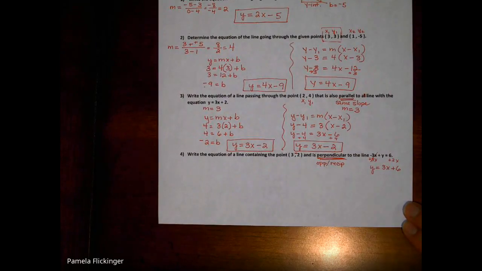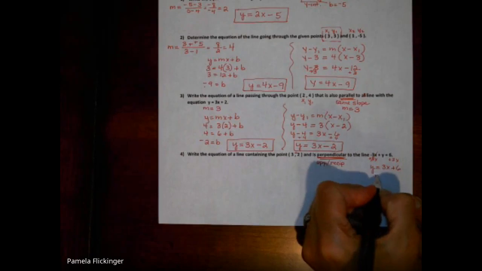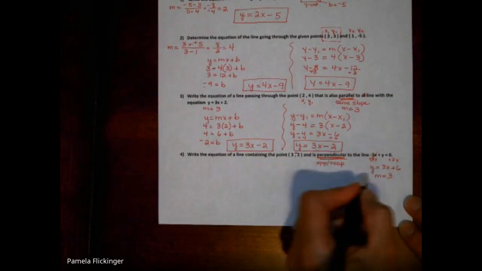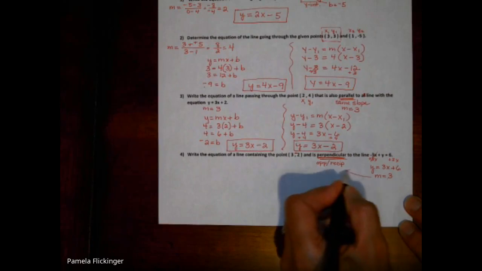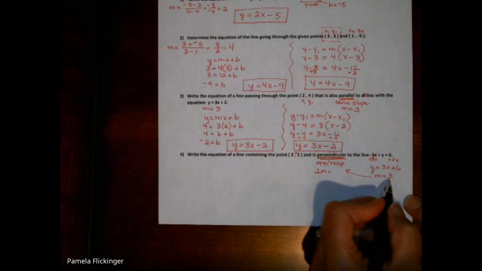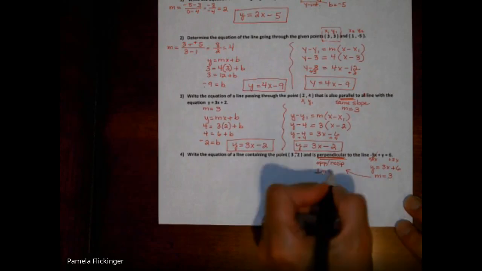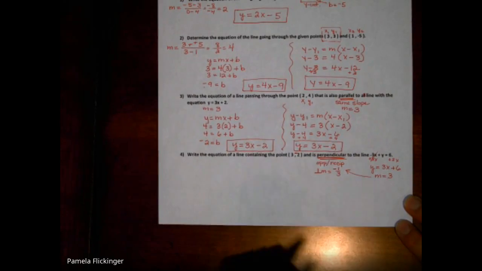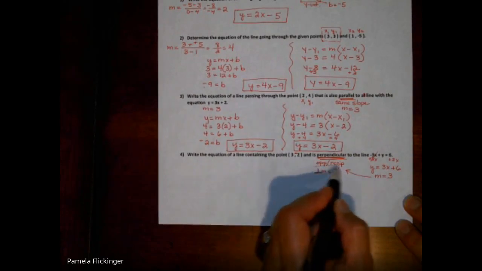That way I can actually identify and see that the slope of this equation is 3, but I want a perpendicular slope. I want a perpendicular m, so I'm not going to use 3. I have to use a negative 1 over 3. So this is the slope that we want to use.